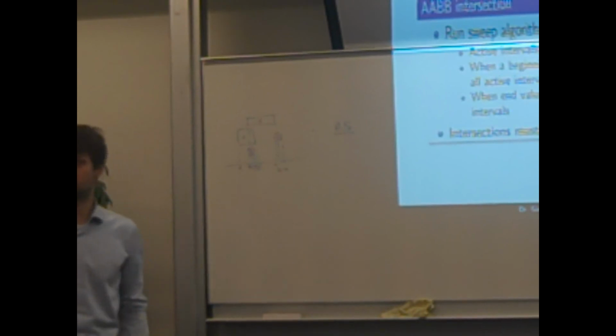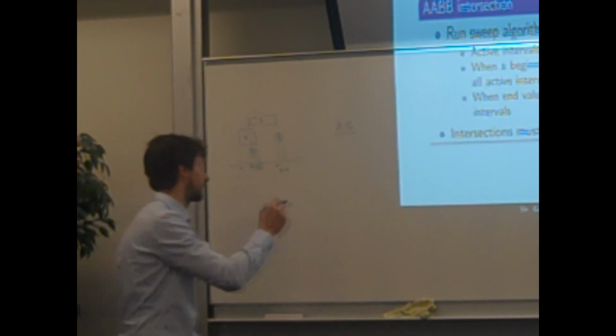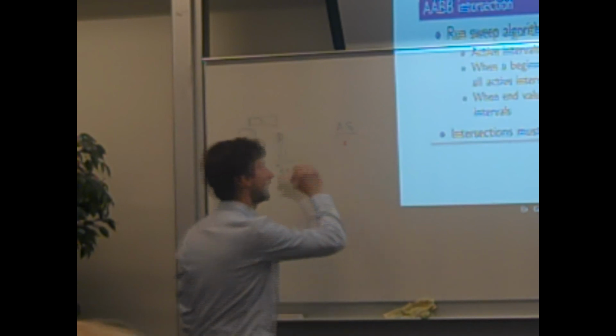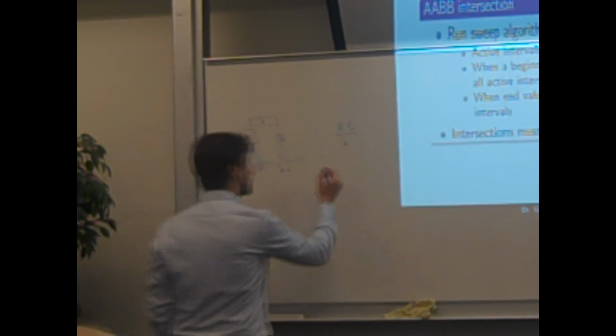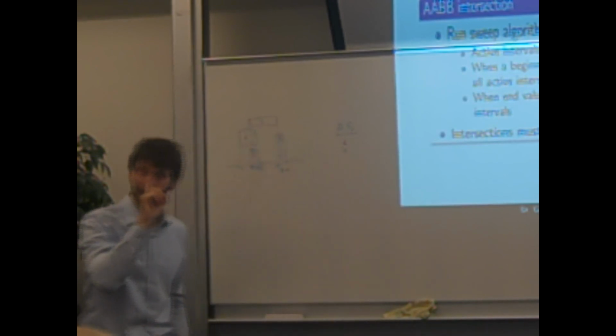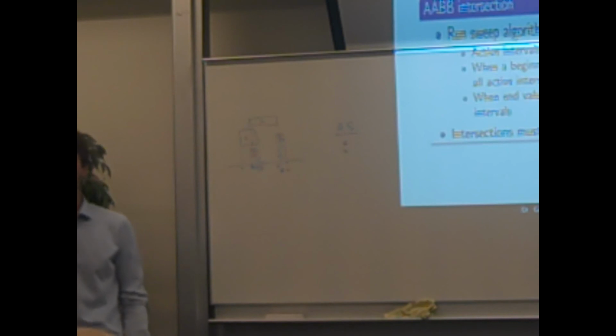So, we encounter A. A is the beginning of a box. So we add the corresponding box to the active set. The active set now contains 1. What's the next point we find? B. B is an opening point, so we add the corresponding box 2 to the active set, and we mark 2 as intersecting with all the boxes currently in the active set.